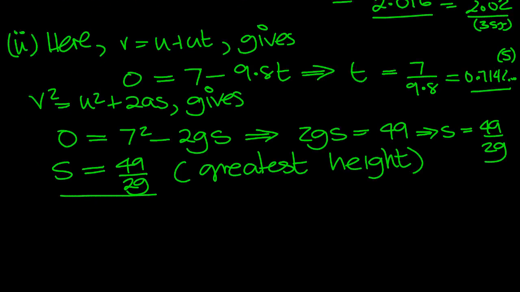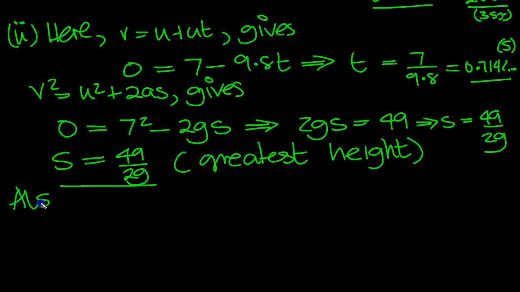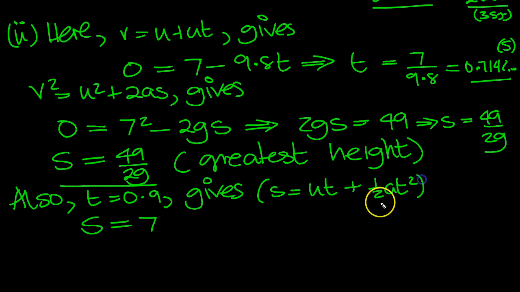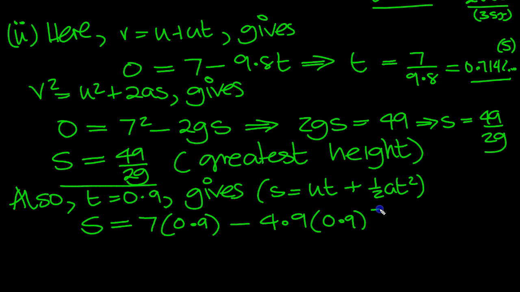So if we work out the height after 0.9 seconds also, t equals 0.9 gives s equals ut plus half at squared, which is 7 times the time, 0.9, plus half a, half of 9.8 is 4.9, with a minus, times t squared, which is 0.9 squared.